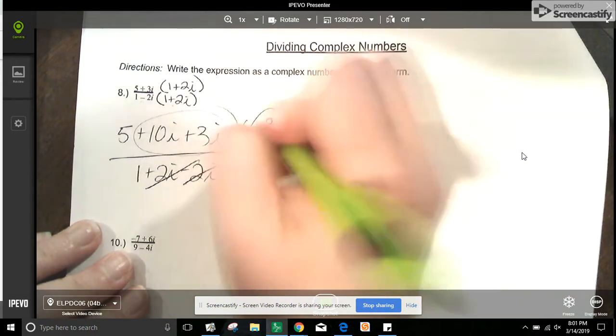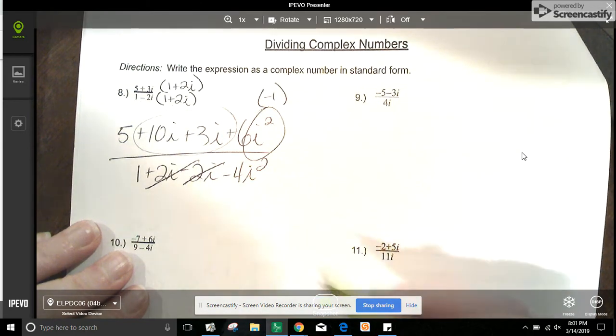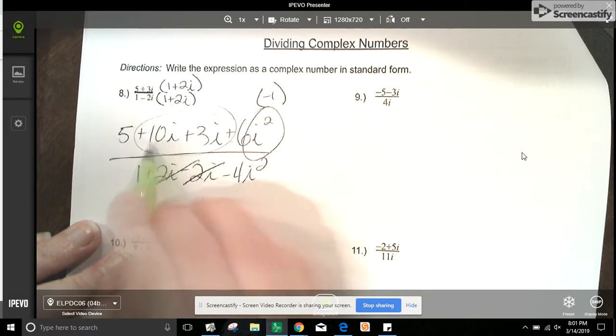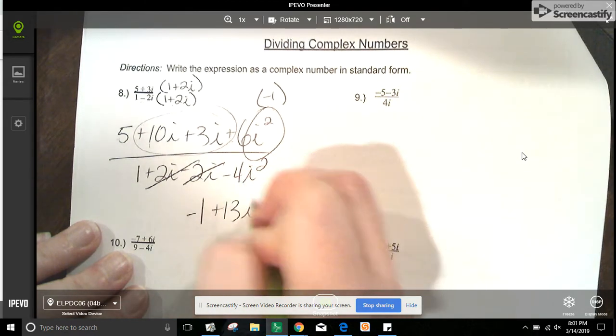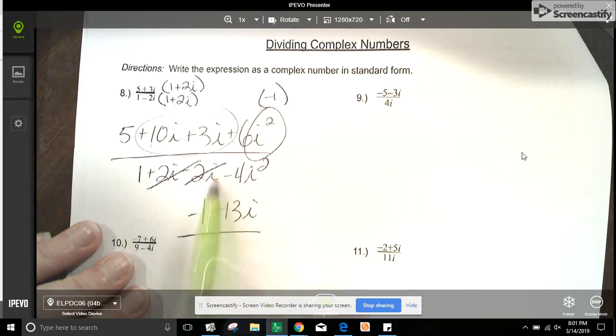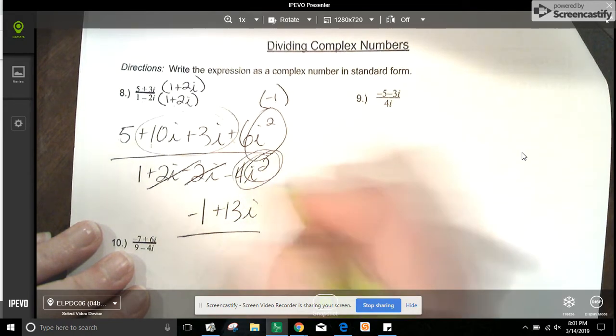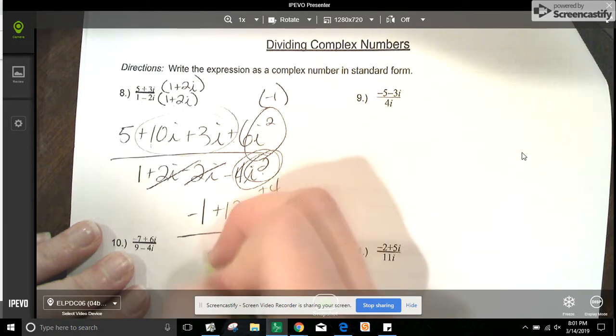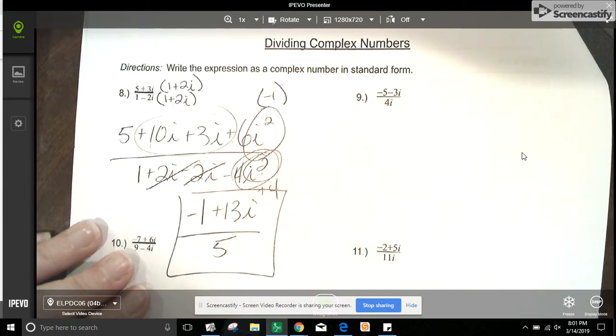So this is like negative 1. So 5 minus 6 is negative 1. 10 plus 3 is 13. And then in the bottom, they cancel. And this is really like a plus 4 because this is negative 1. So 1 plus 4, you'd get a 5 in the bottom.